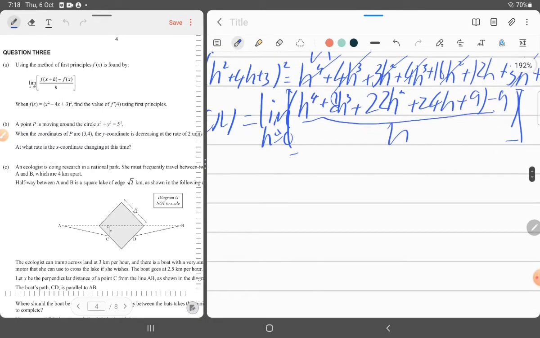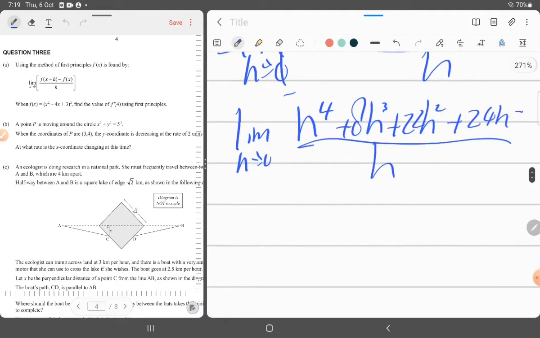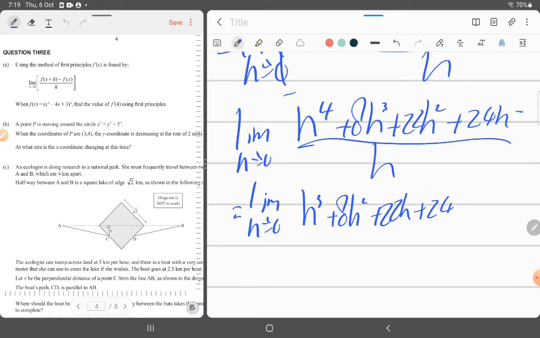So the limit as h approaches 0 of h to the power 4 plus 8h cubed plus 22h squared plus 24h over h, which is equal to the limit as h approaches 0 of h cubed plus 8h squared plus 22h plus 24.